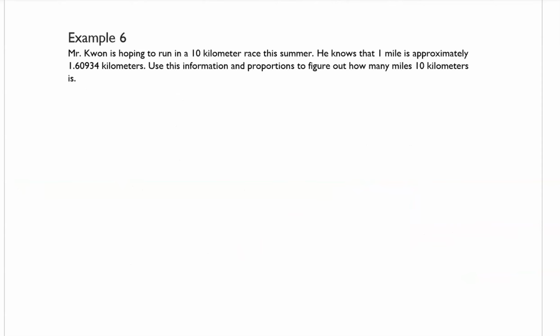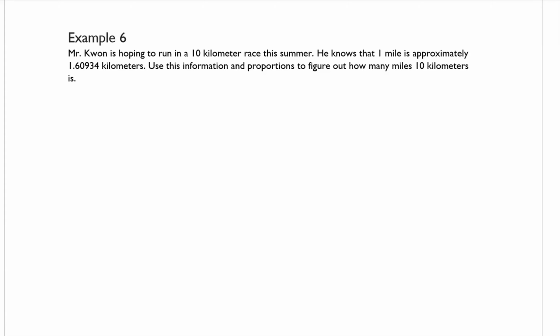Mr. Kwan is hoping to run in a 10-kilometer race this summer. He knows that 1 mile is approximately 1.60934 kilometers. Use this information and proportions to figure out how many miles 10 kilometers is.